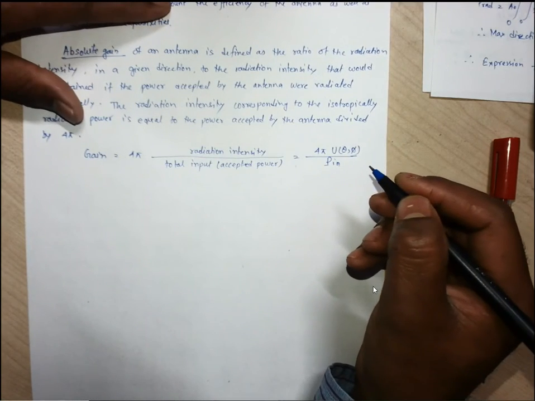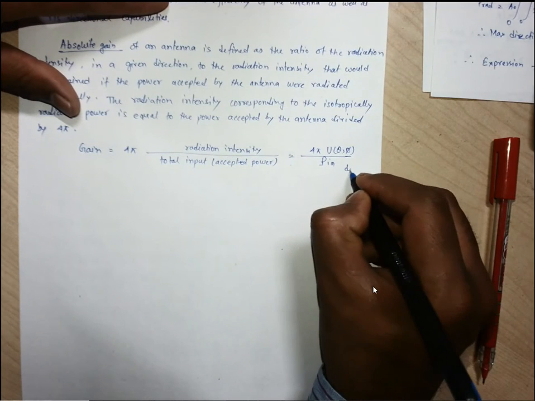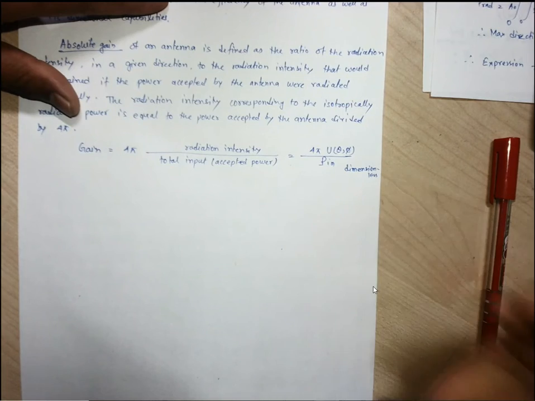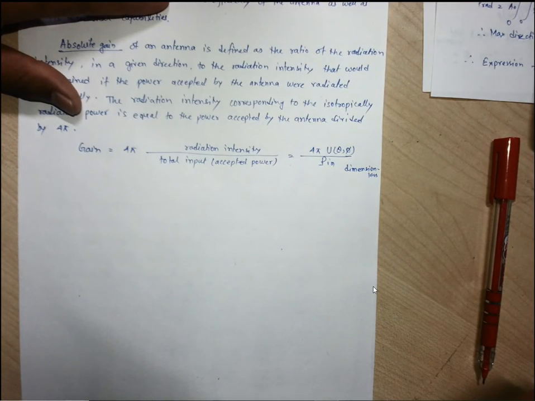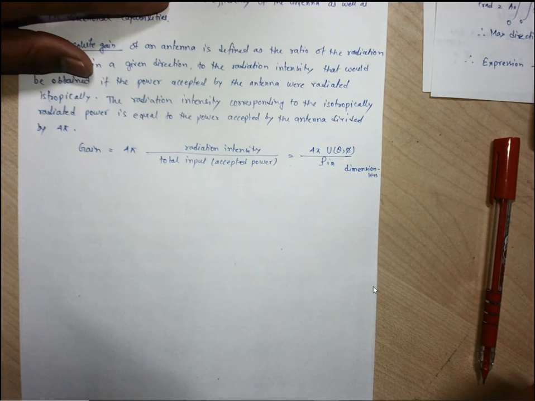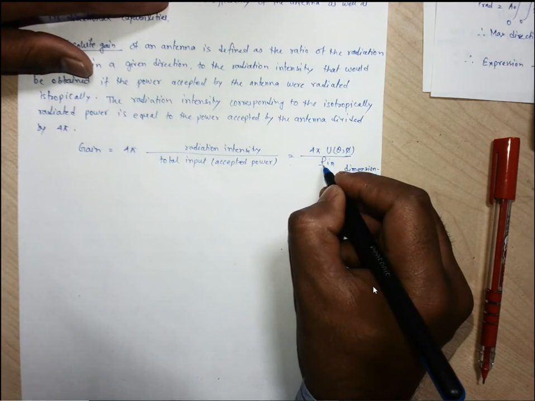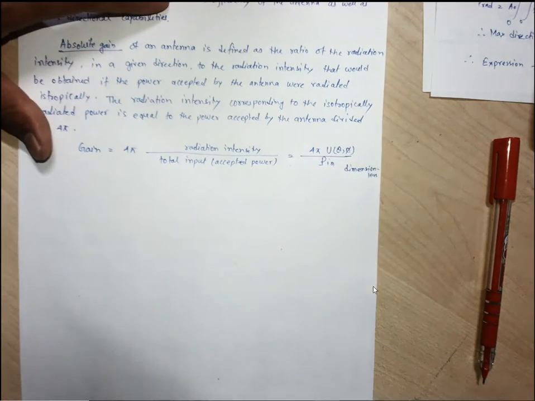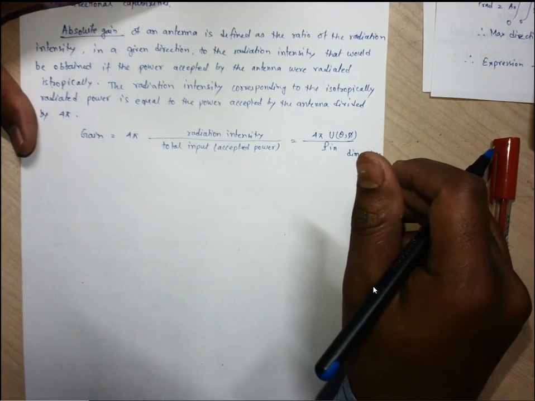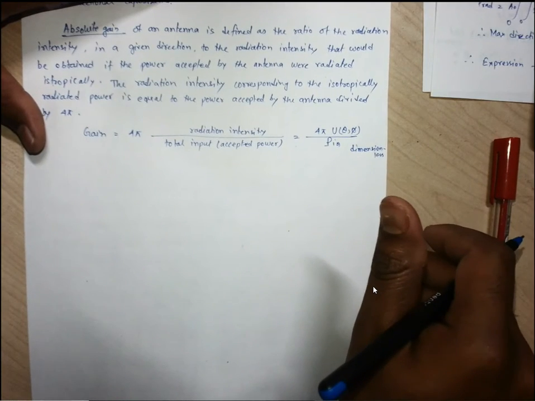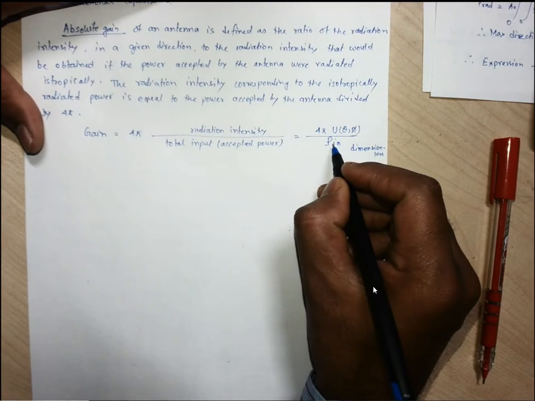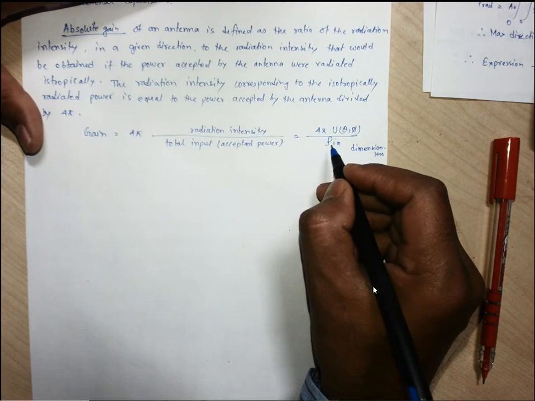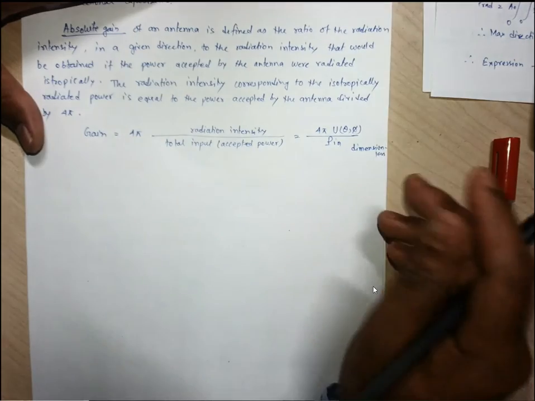Previously that was P rad, now it is P in. It is also dimensionless. Out of this P in, if 100% is radiated, then we can say it has the highest efficiency and it is the same as the directivity. Now if out of this P in we have a different P rad, then we need to take into consideration the efficiency of the antenna.